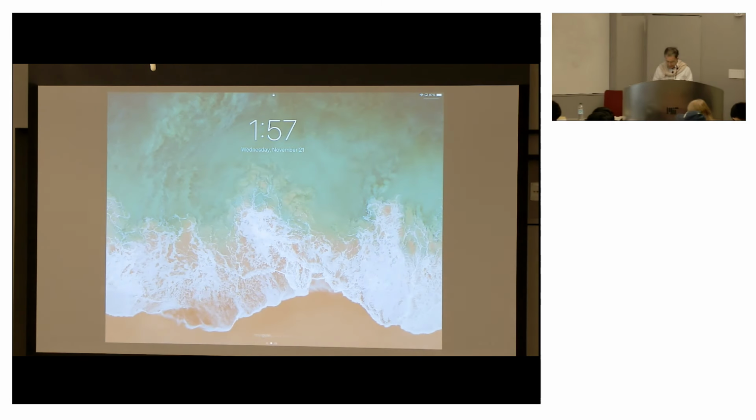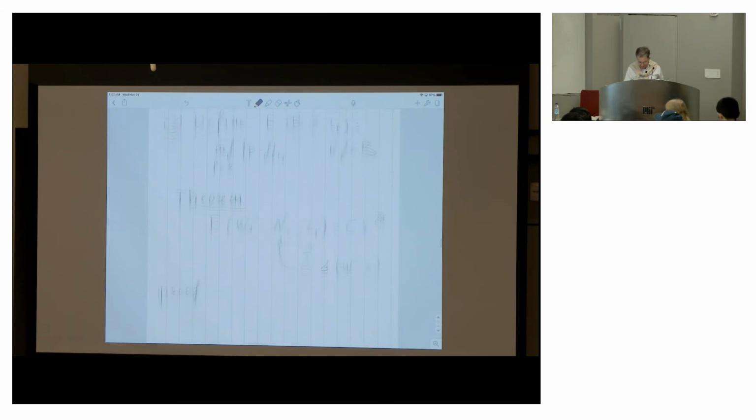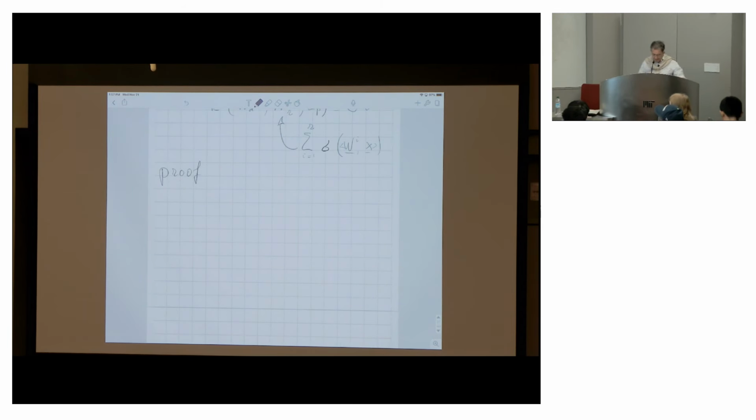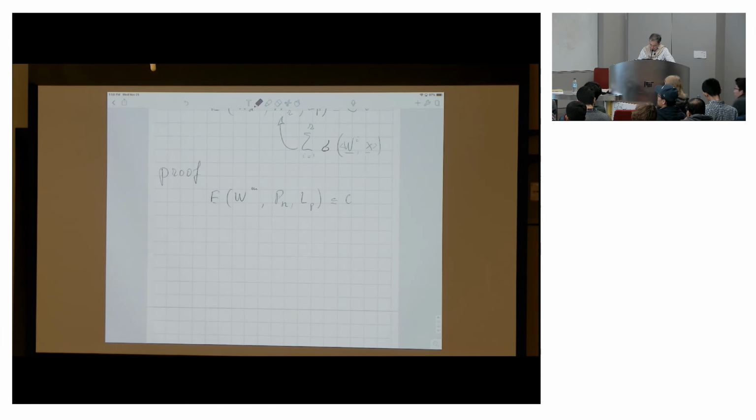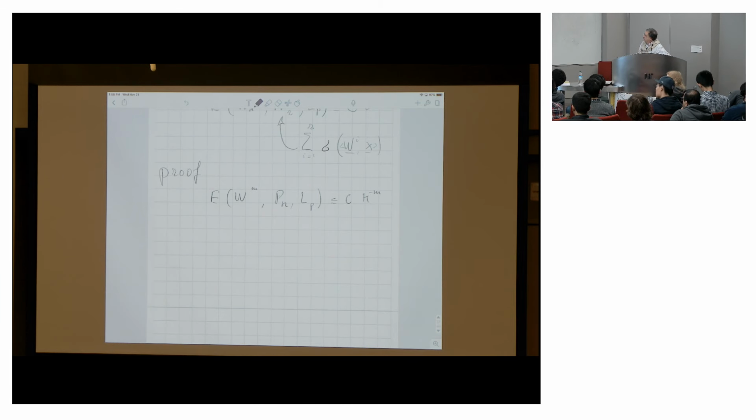And this comes from a classical result that says that Sobolev functions of D variables can be approximated by polynomials, also of D variables, with a bound of this type, where k is the degree of the polynomial and m is the smoothness of the function to be approximated.